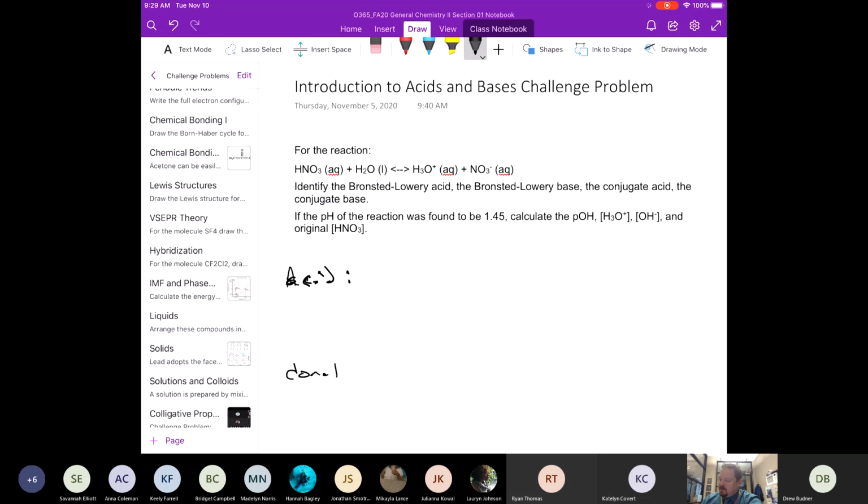So if it donates a proton, which I'm going to call the H+, that is the Bronsted-Lowry definition of an acid, right? If we look at the Arrhenius definition, it says an acid in water forms H3O+.